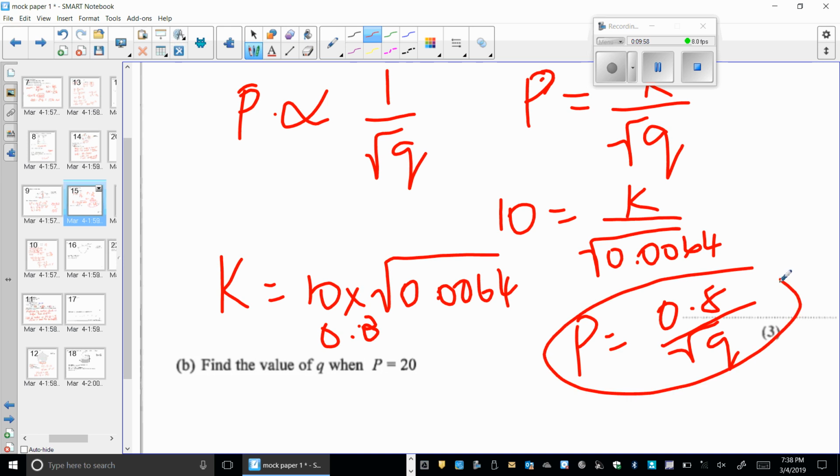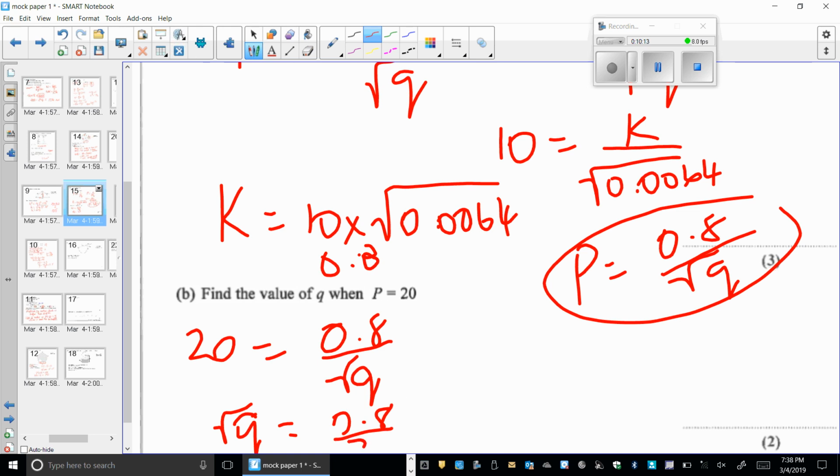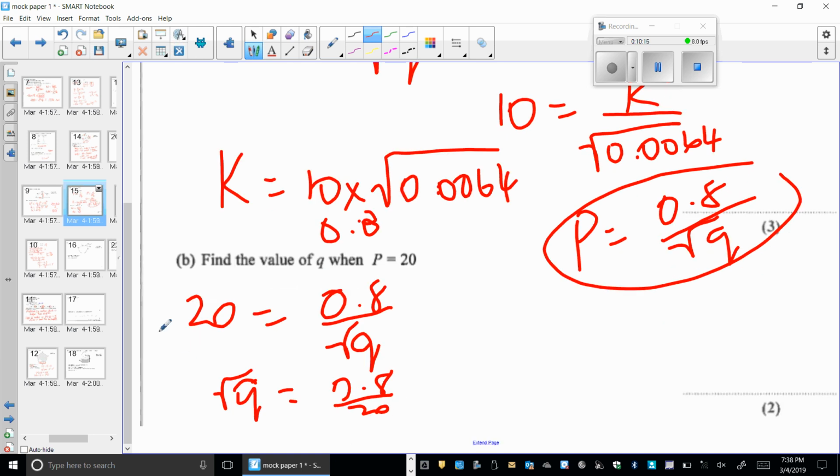Find the value of Q when P is 20. So 20 is equal to 0.8 over root Q. If our unknown is on the bottom, we can switch it with the value up here, so these two switch.